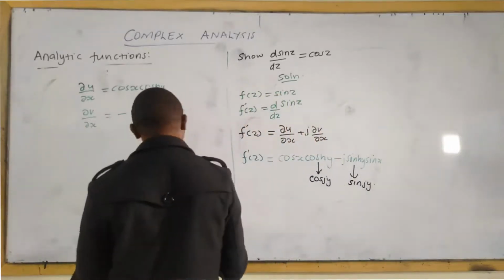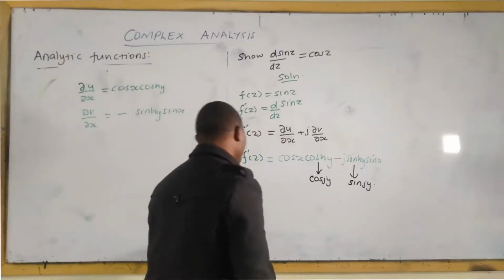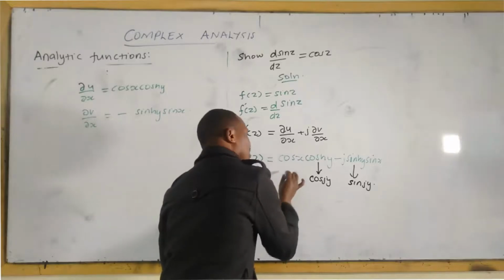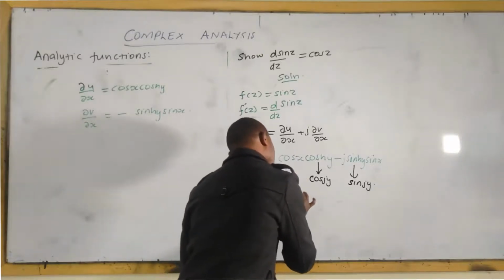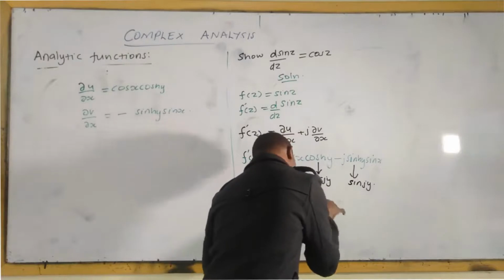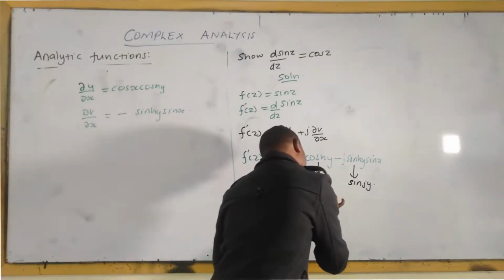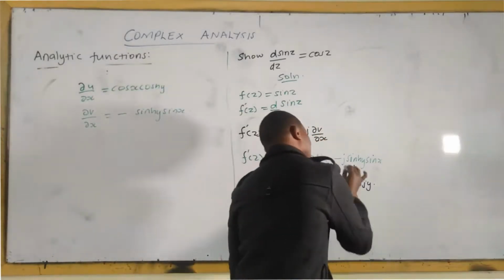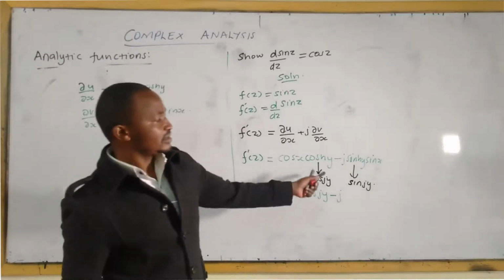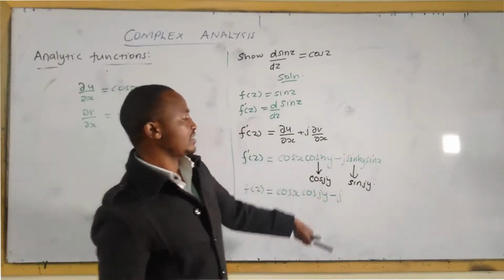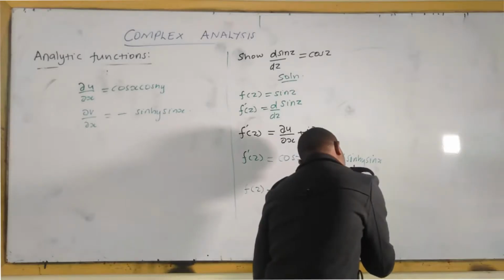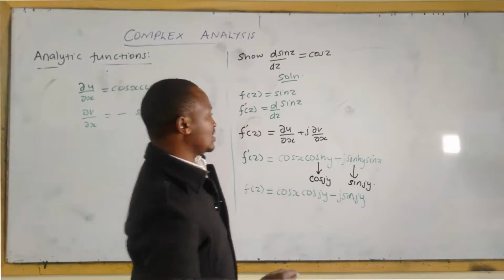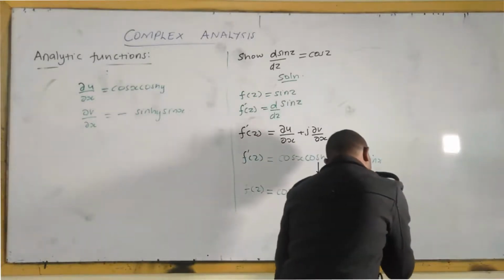So that now the function z, fz, becomes cos x cos jy minus j sin y is sin jy, and here we still have the sin x.